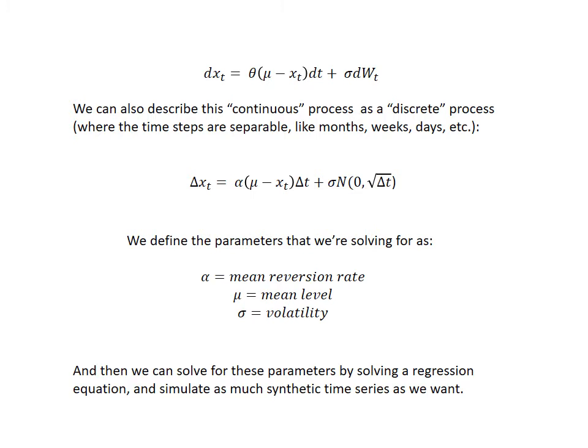And so the parameters we're trying to fit, we would fit the same way we would on an autoregressive model, where we have a bunch of historical data and we're trying to figure out the best fit of this general structure of the model for the data that we have. The specific parameters we're trying to identify are the mean reversion rate, the mean level, and the volatility.